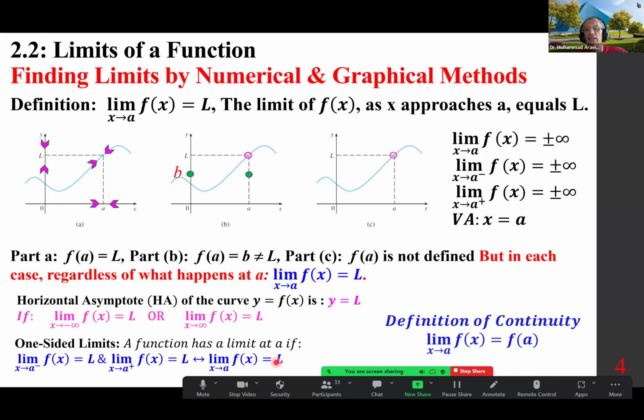And the definition of continuity says the limit of f of x as x approaches a and f of a must be identical. As you can see, in this case, we have a continuous function because the limit of f of x as x approaches a is L, and also f of a is L, not in these two cases. So that's the synopsis of the concept of the limits.